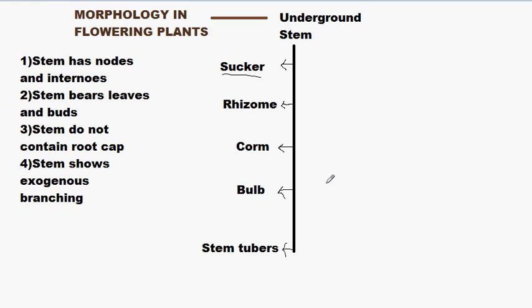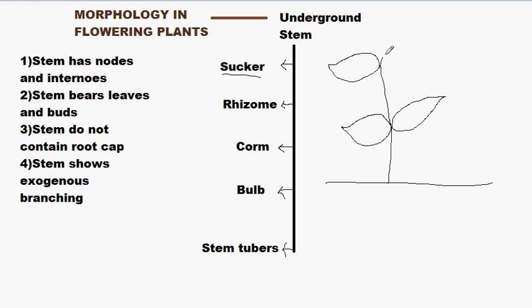What happens in the rhizome is that, as always, there will be a plant, and I will draw a plant, just the old diagram of a plant quickly, and then there will always be an underground part of the stem, but this time this underground part of the stem will not develop any branch.